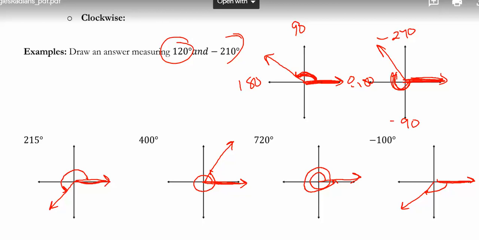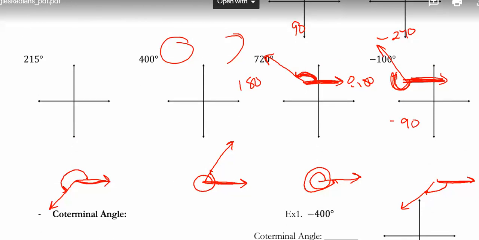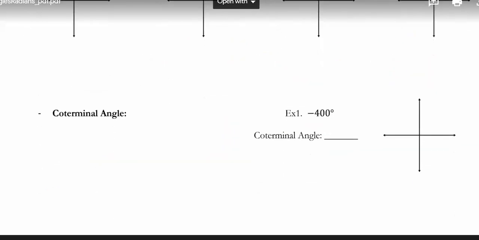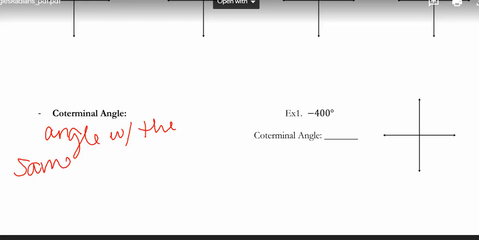Now, let's talk about what it means to be coterminal. Coterminal angles: a coterminal angle is an angle with the same terminal side.